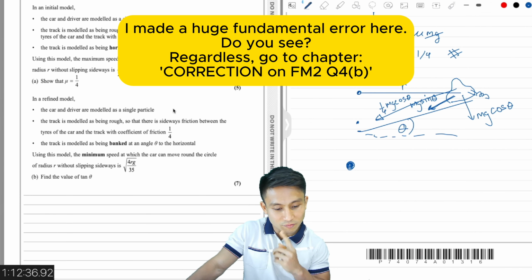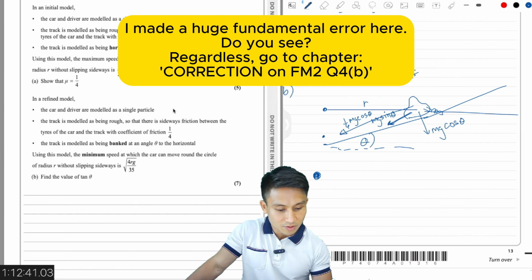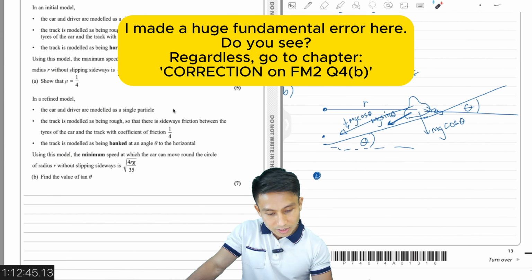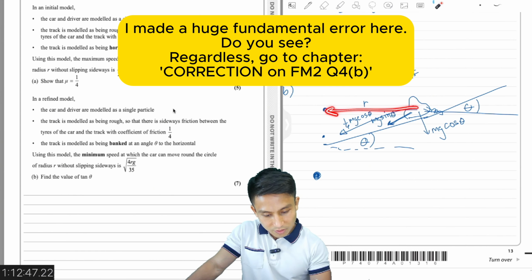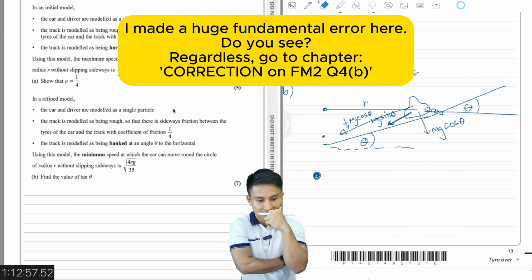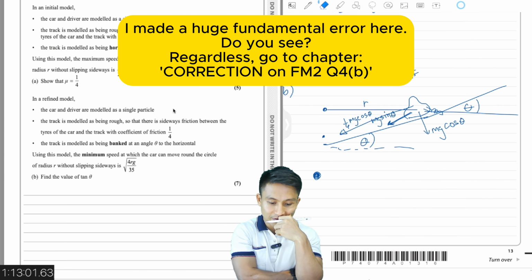We need to resolve the forces, guys. Let me get some more detail about the angle here as well. We need to do it in this direction. So the mg cos theta times 1 over 4 will have to be resolved into that and that. Oh, it seems like the r will be changed now. Let me think about that again, hang on. So those two are the only forces.